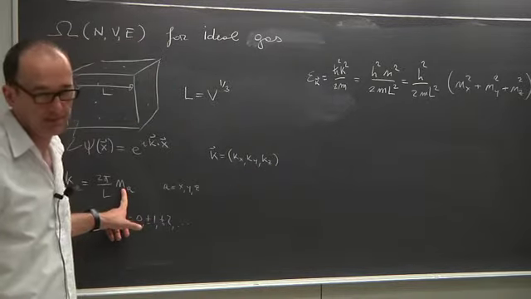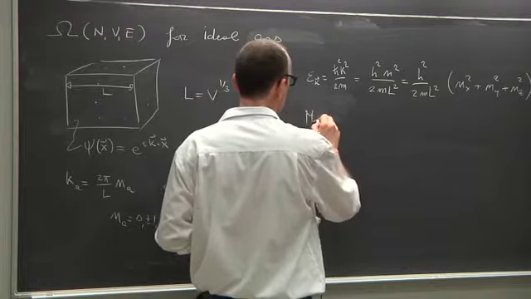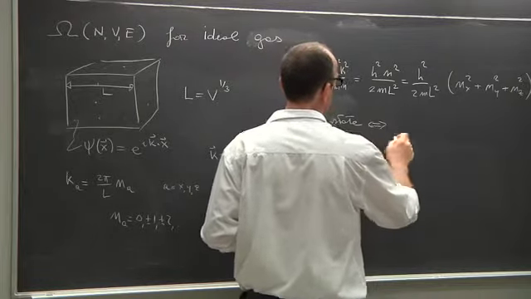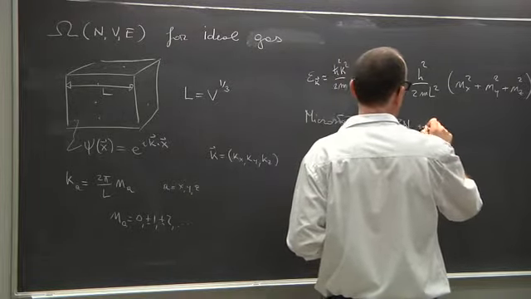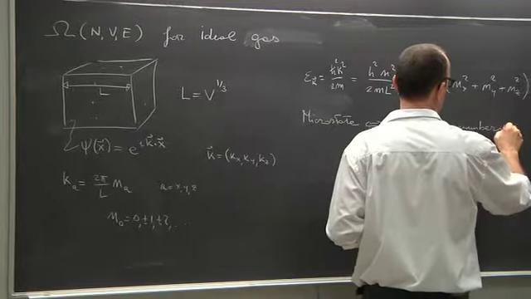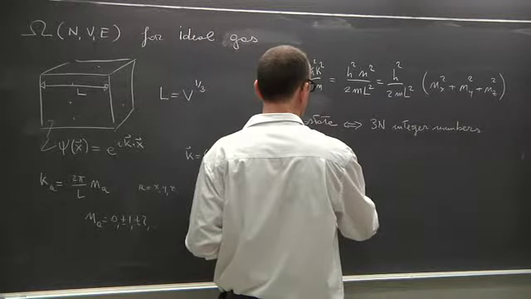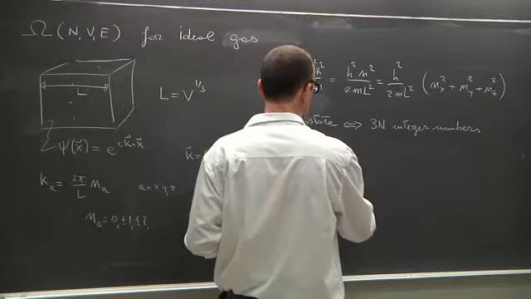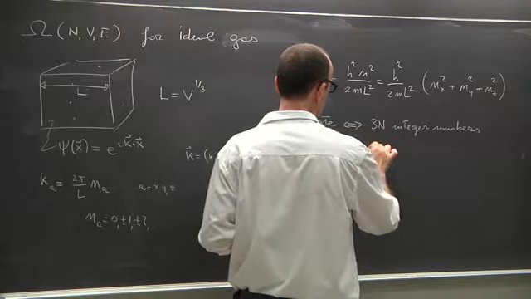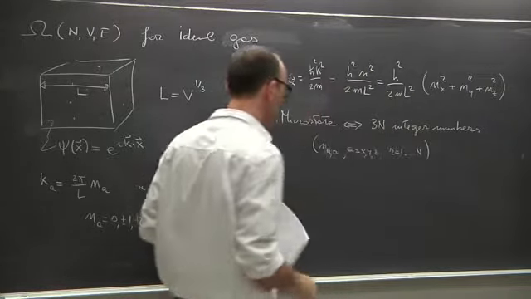So the microstate corresponds to 3n integers, which are, say, n_{a r}, where a is equal to x, y, and z, and r goes from 1 to N.